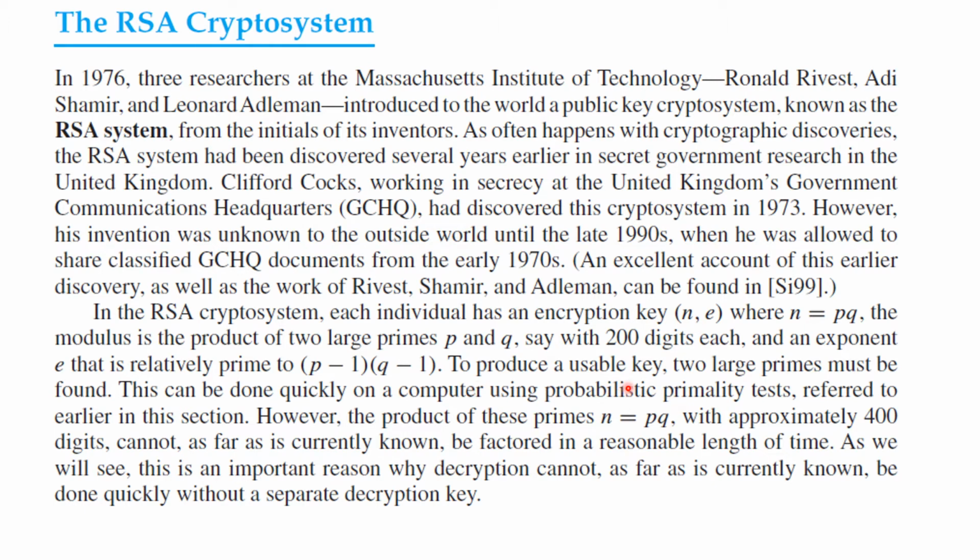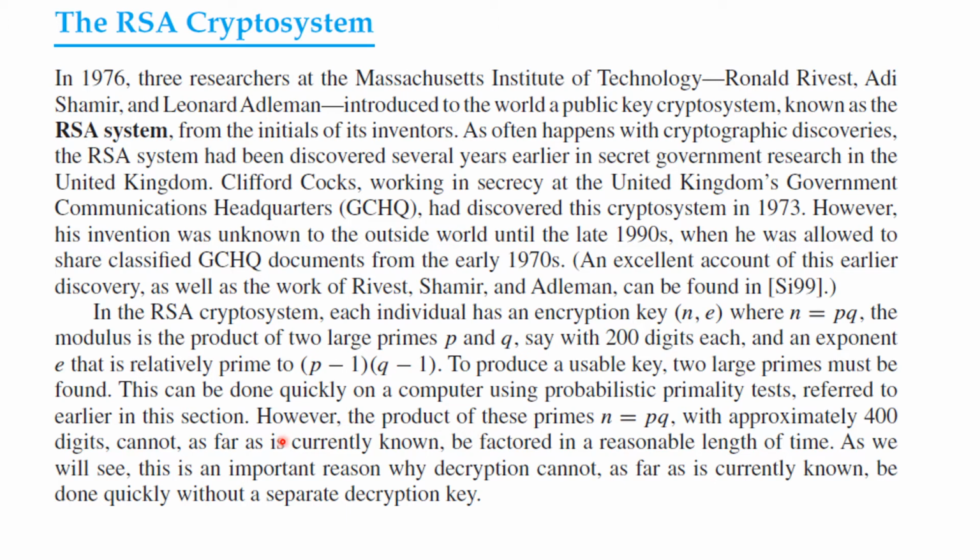So to produce a usable key, two large primes must be found. Really, you just have to pick the two large primes. This can be done very quickly on a computer using probabilistic primality tests. We have talked about that and referred to it in earlier lectures.